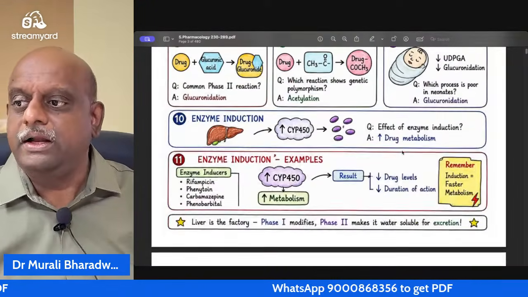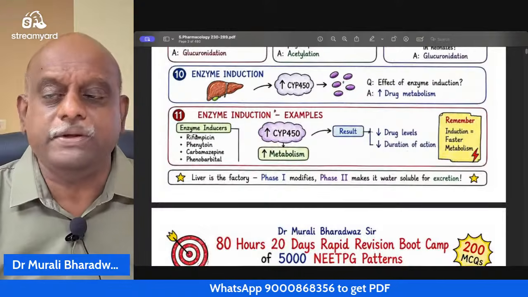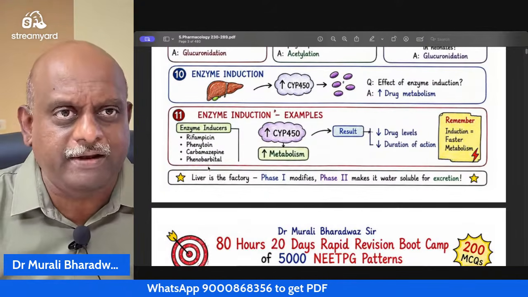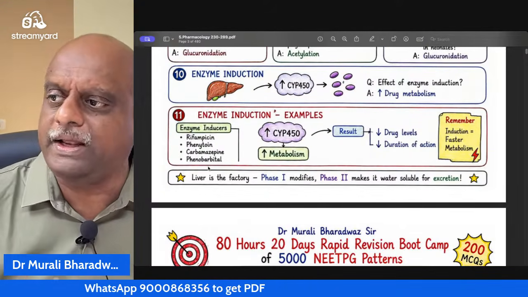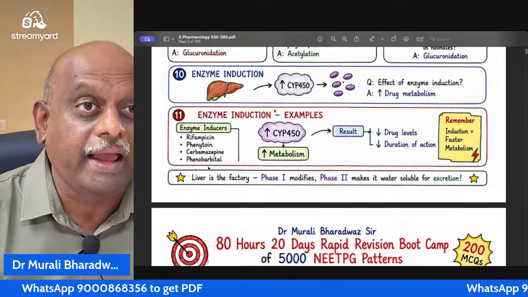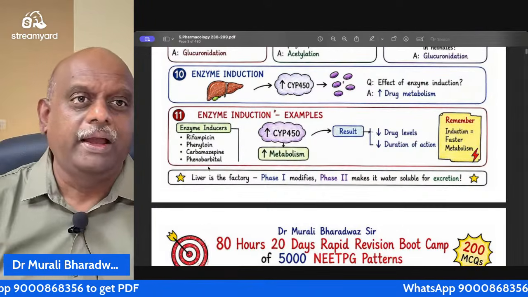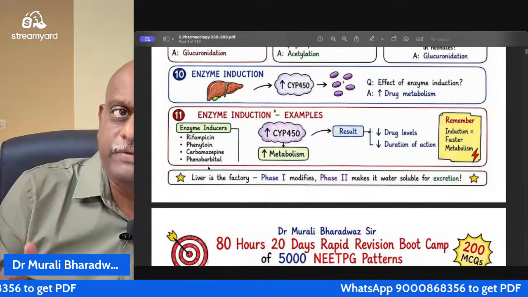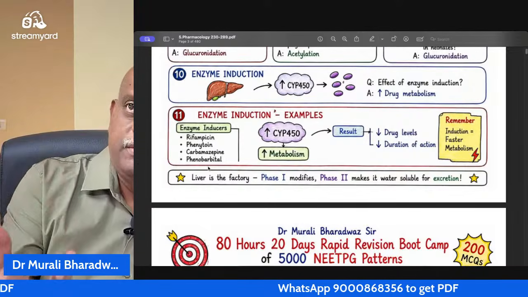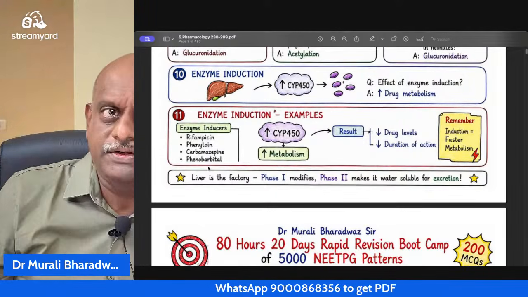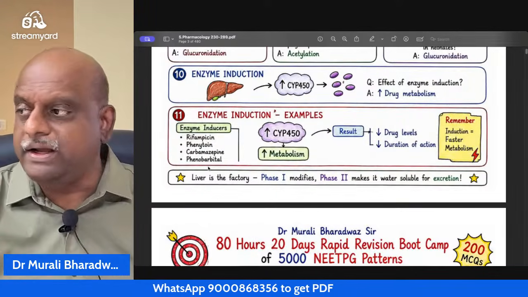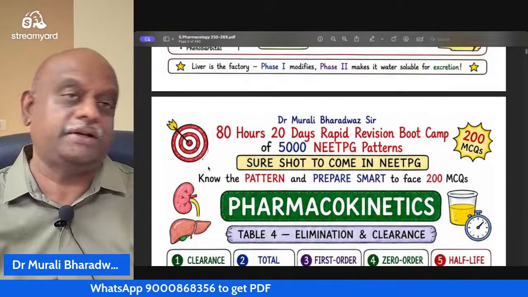Now, rifampicin, phenytoin, carbamazepine, phenobarbital are typically enzyme inducers, and they lead to more metabolism of drugs when P450 levels are increased, and that leads to decreased drug level and decreased duration.